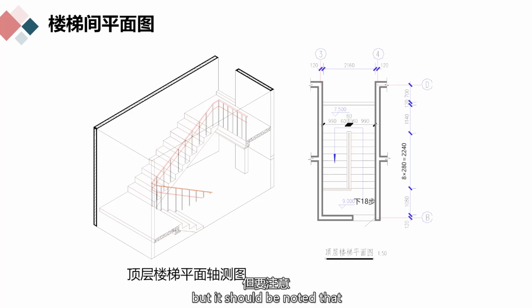But it should be noted that, because the tread of the top step of the flight of stairwells coincides with the platform surface or the floor surface, therefore, in the plan view, the number of treads in each flight of stairwells is always 1 less than the number of steps, that is, n-1, that is, the number of risers is 1 more than the number of treads in the top floor plan. If the number of treads is 8, then the number of risers of this flight of stairwells is 9.